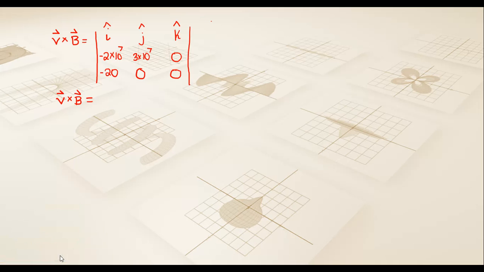The first thing I'm going to do is figure out what value is being multiplied by I. We're going to start off by figuring out the x coordinate of this vector cross product.